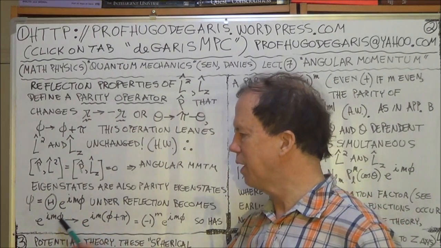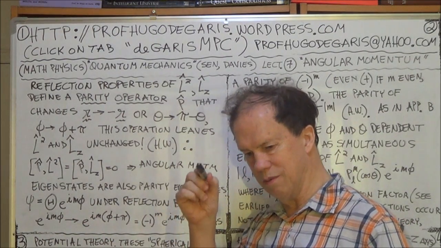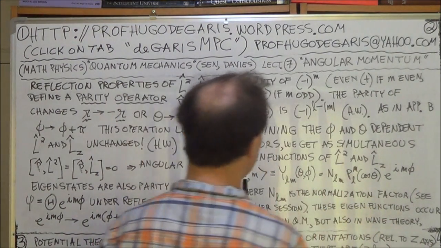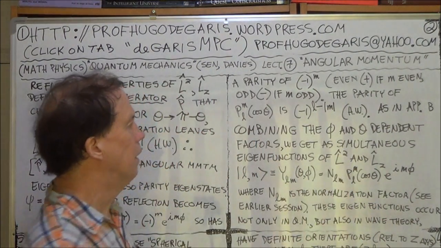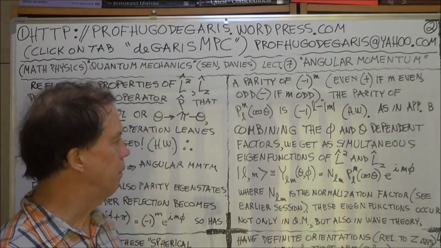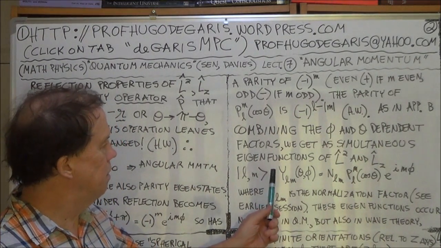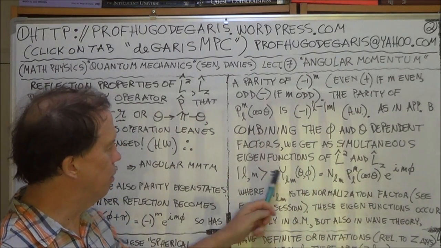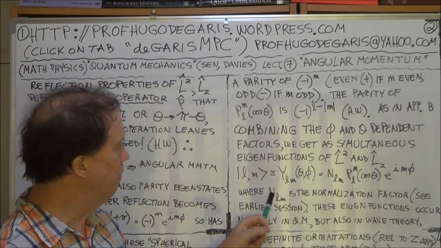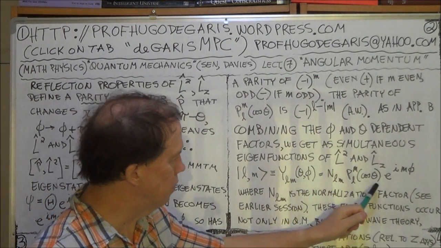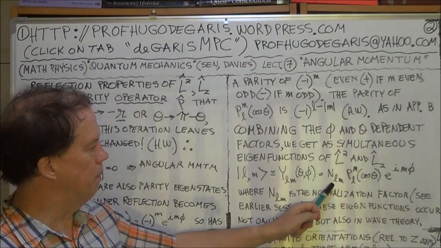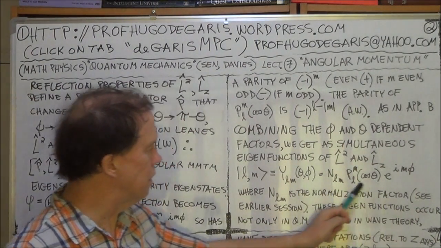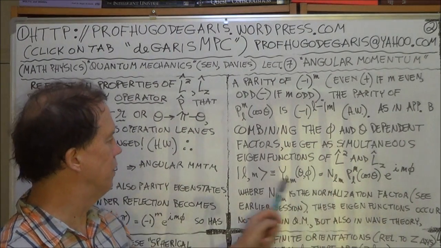Its differential operator was easy, effectively just d by d phi. Whereas the theta term was a bit more complex. So the eigenstates for these operators will just be a product of the theta term and the phi term. We've done that before. So here's your theta term, here's your phi term, and there's just a constant used to normalize this eigenstate, this wave function.